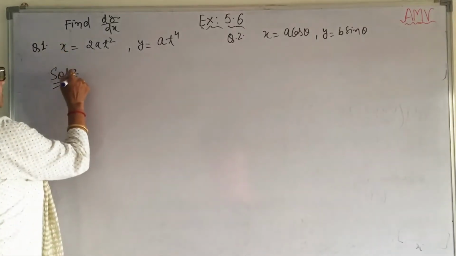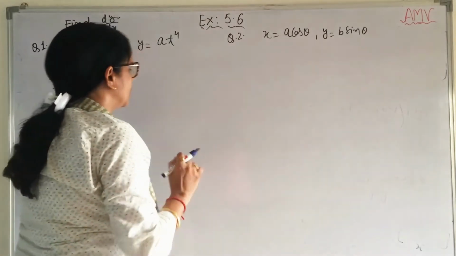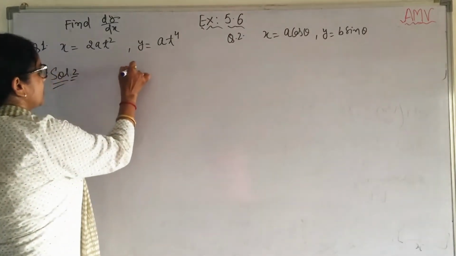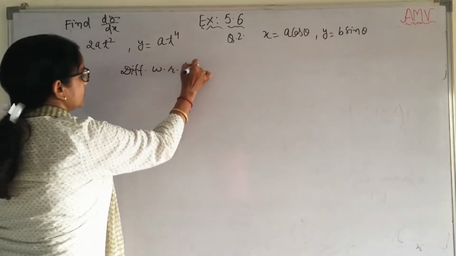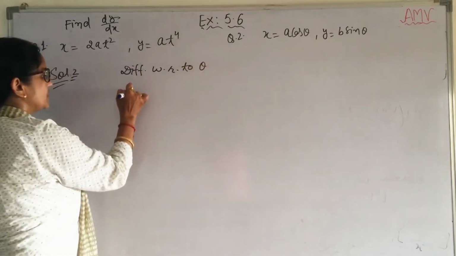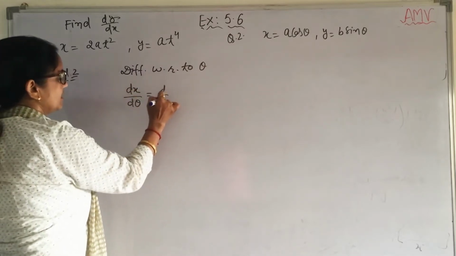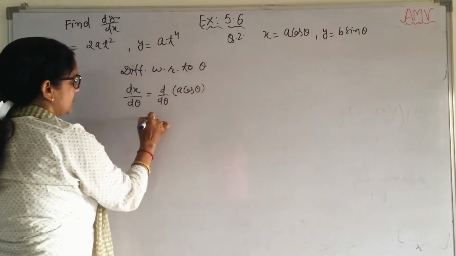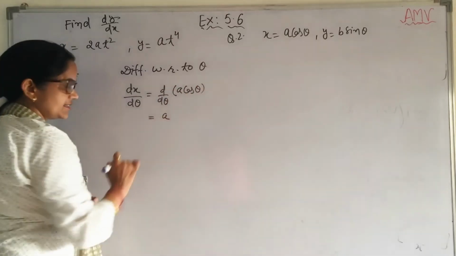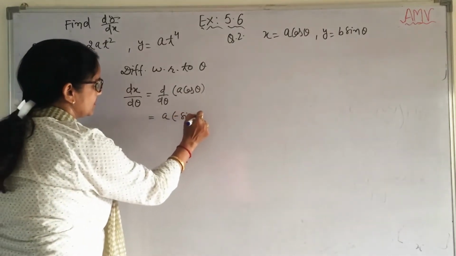And now for the question number 2. Here students, x and y are given in form of theta. Okay, so first we have to write differentiating with respect to theta. Okay, so we are finding dx by d theta and here d by d theta of a cos theta. And now a is constant, derivative of cos theta is minus sin theta.